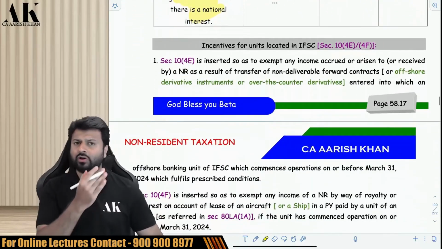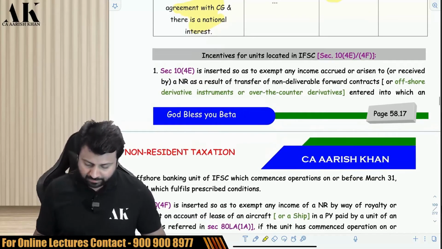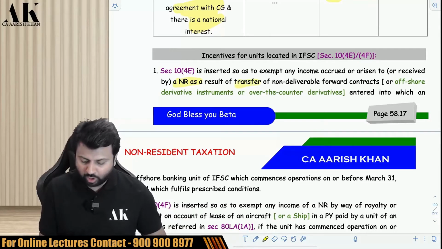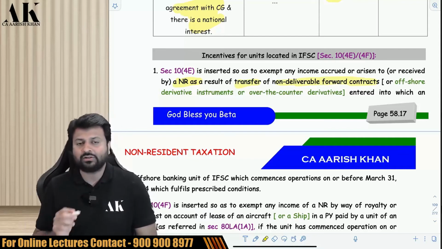Now let's go ahead with the next exemption. We will try to cover all the exemptions which are applicable to non-residents and foreign companies over here. Suppose there is a non-resident who is transferring some non-deliverable forward contract. There are two more instruments added by Finance Act 2022.